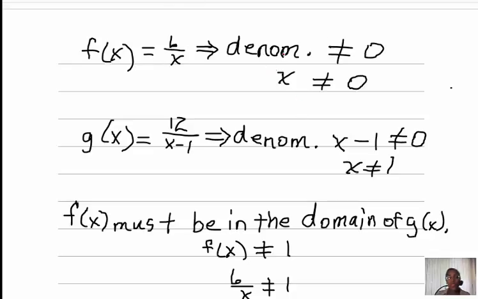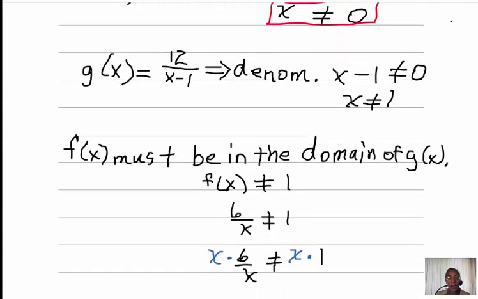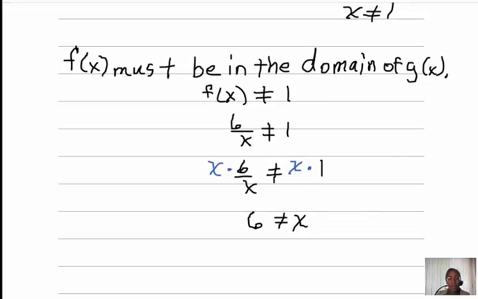So those are the two restrictions that I have to place on x. It can't be 0 because if it is, it's not in the domain of f. X cannot be 6 because if it is, then f of x is not in the domain of g. So those are the two values. All other numbers don't cause a problem for h of x.